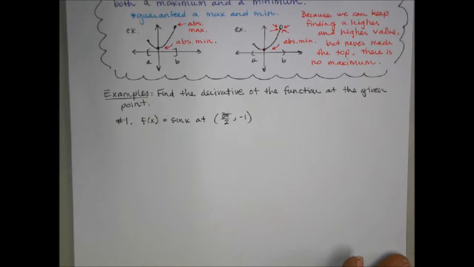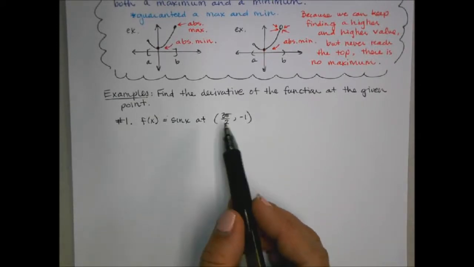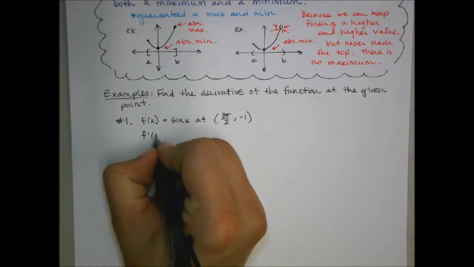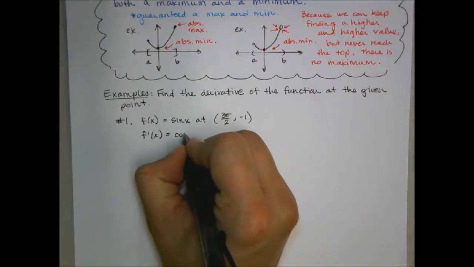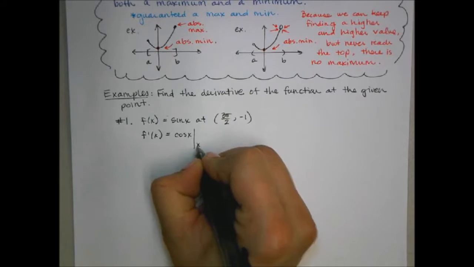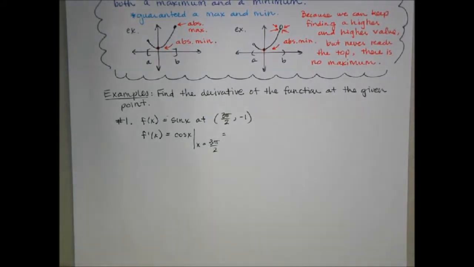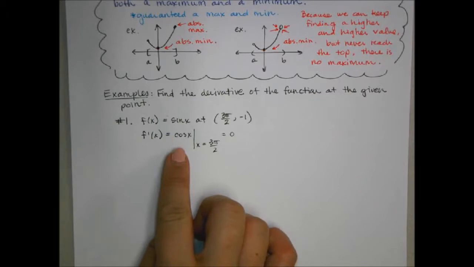Finding the derivative of sine at the point 3 pi over 2, negative 1. So the derivative of sine we know is cosine. We evaluate when x is 3 pi over 2. Cosine of 3 pi over 2 is 0. So remember, what does this mean? The derivative is the slope of the tangent line.